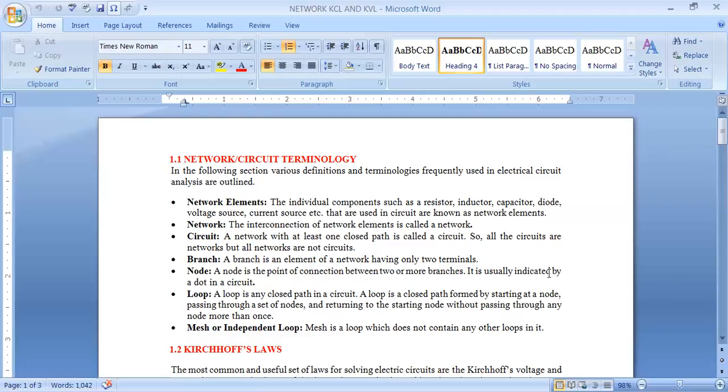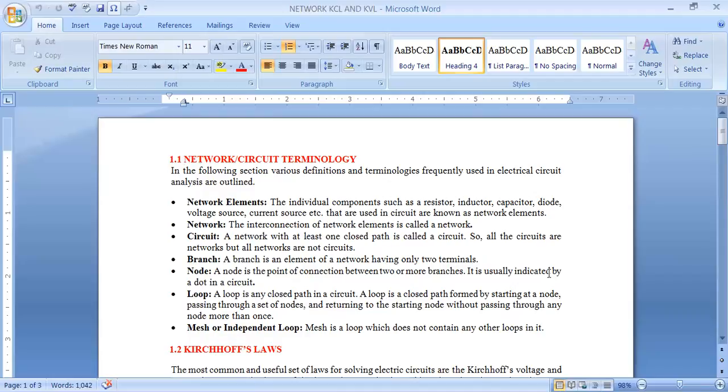Clear all of you? Right. Now we'll explain what are network elements. The individual components such as the resistor, inductor, capacitor, diode, voltage source, current source, etc. that are used in a circuit are known as network elements.